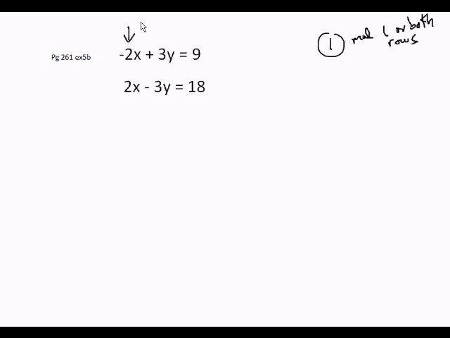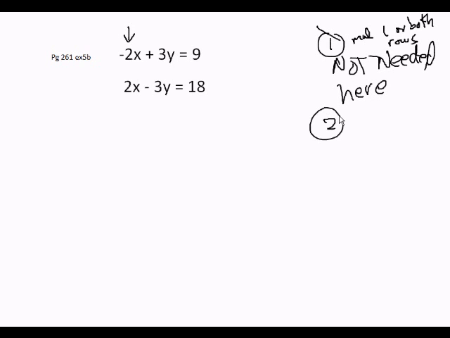So I don't have to multiply one or both rows. Remember, our goal is to get either the x's or y's exactly the same, opposite signs. I did that, and I'm going to put not needed here. We didn't have to do it because it's already done for us.